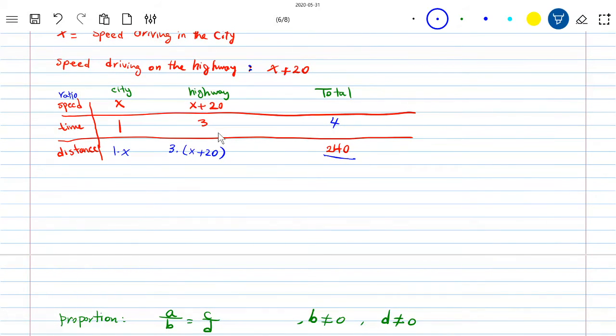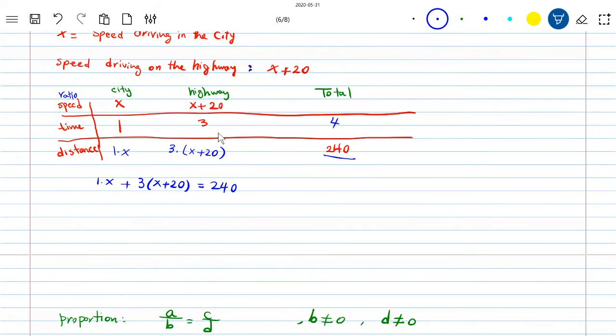So now you set up the equation. What do I know? I know only the total distance is a fixed value. It's 240. So if I add the distance covered in the city and on the highway, I should end up with a total of 240. 1 times x plus 3 times x plus 20 equals 240.